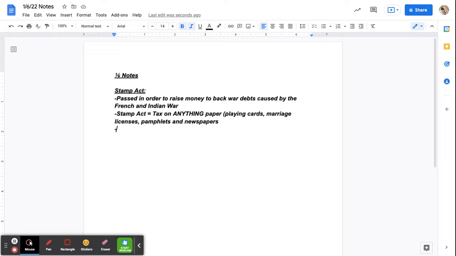Okay, so the main reason why this upset colonists is because the British thought they could pass a tax without any say from the colonists.